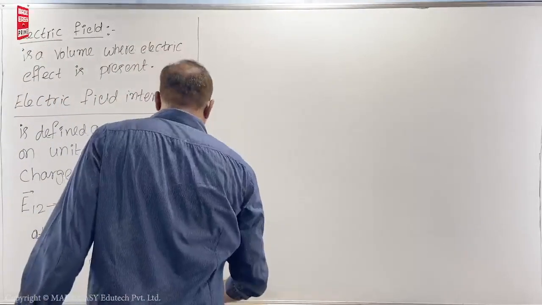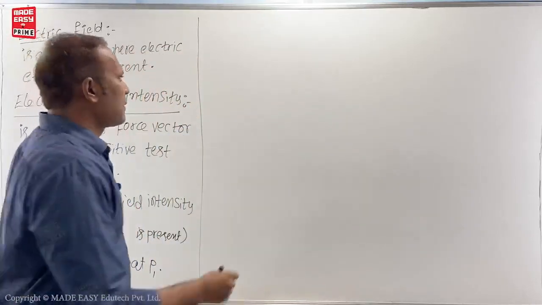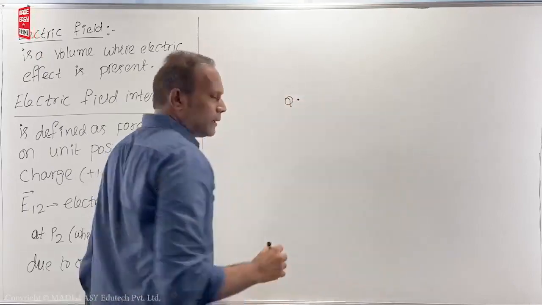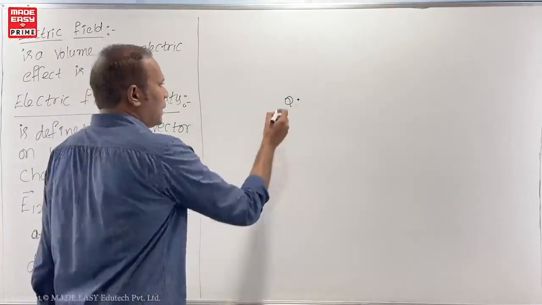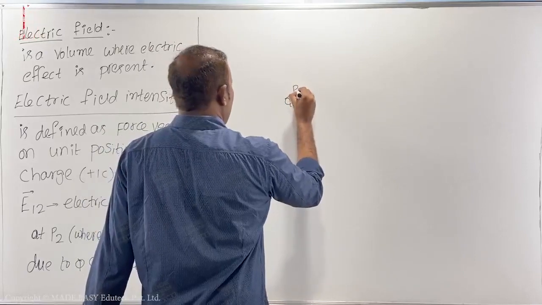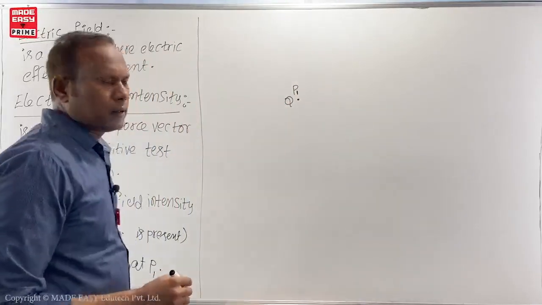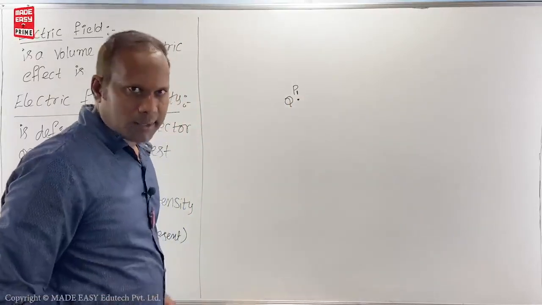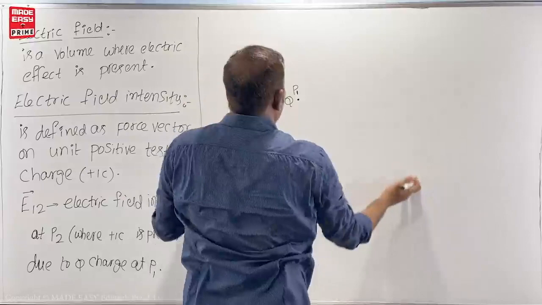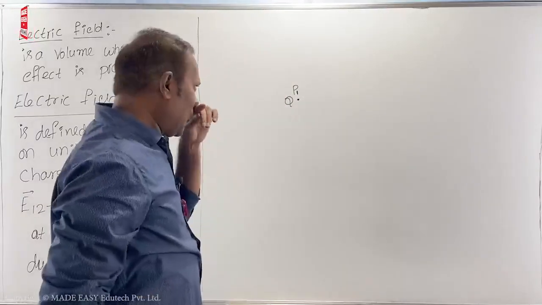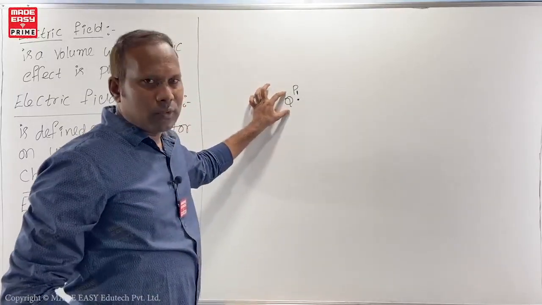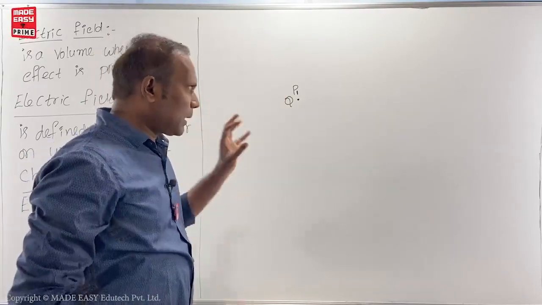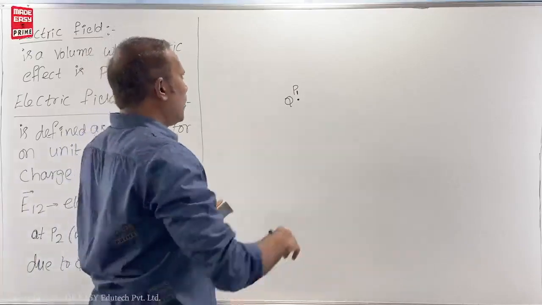I am drawing a diagram here. For example, if I put Q charge here, that is the charge source. Wherever you put this, I am calling it point 1. Now this charge source produces the electric effect in some volume. Anyway, this charge value is finite. That is why the electric effect is also present only up to a finite volume.